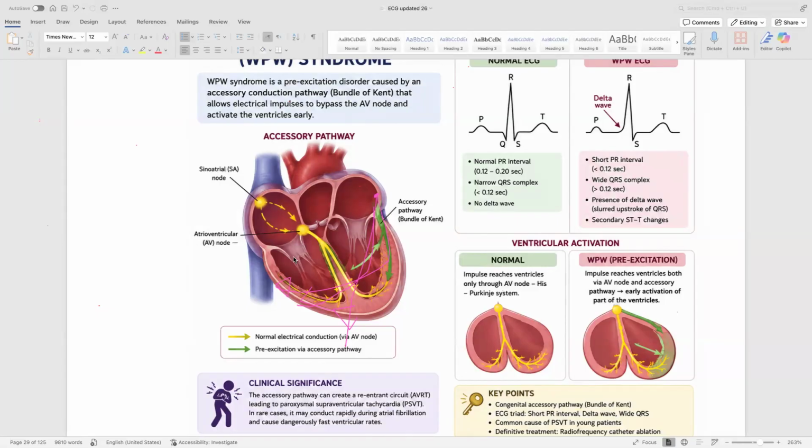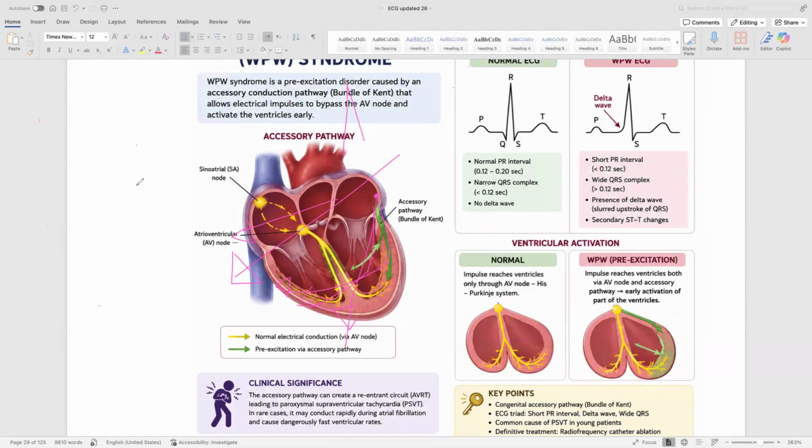Right or not? Yes. It comes from the left; we said the common one is the left wall. So electricity comes from the left towards the right. What will we have? The axis will change. Yes, there will be right axis deviation. What about the R wave in V1? Abnormal, right? Positive, yes. Now, I will ask you for other causes of a positive R wave in V1.